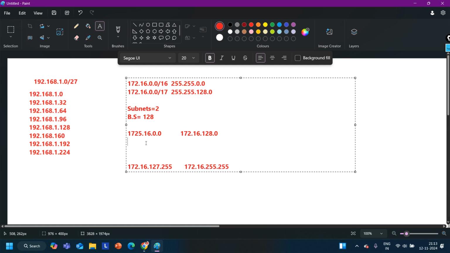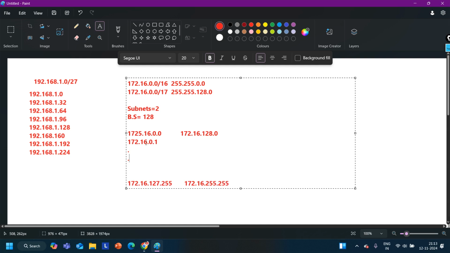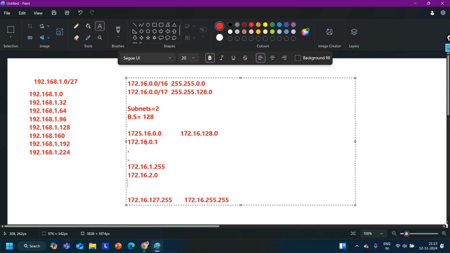Clear, guys? First valid IP address 172.16.0.1, and last IP address 172.16.127.254. In between you will also have IPs like 1.255, and all of these are valid IP addresses.